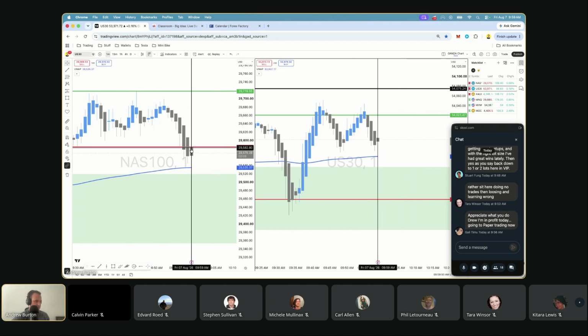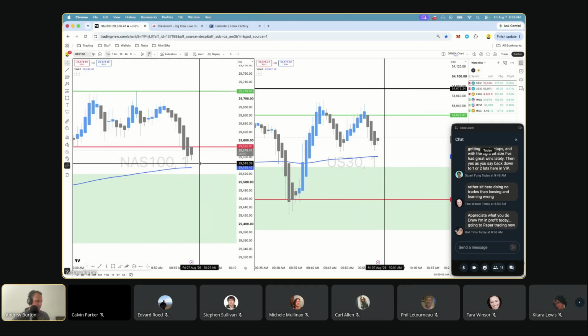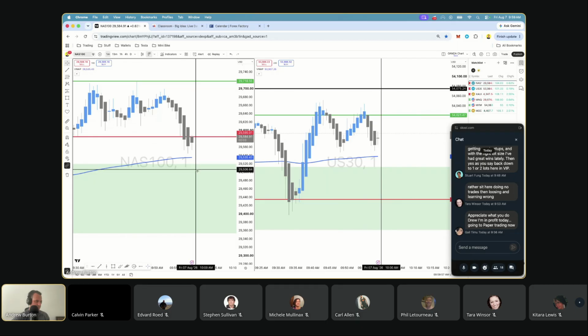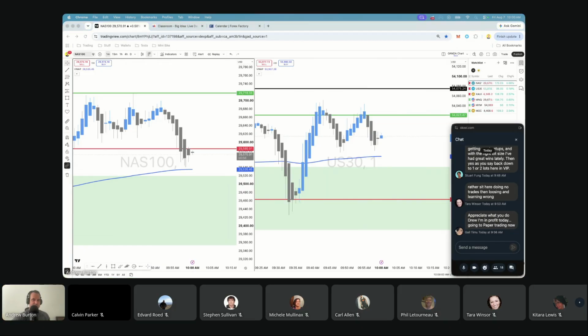This one gave the entry model, guys. It's sitting on the VWAP. If it was down here, that'd be a different story, right? So it's probably going to give a long position. Okay, there you go. So this US 30, let's hope that I'm in a trade here, guys. Hopefully it just doesn't go sideways forever.